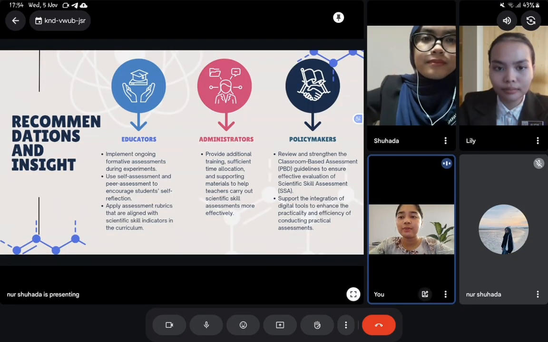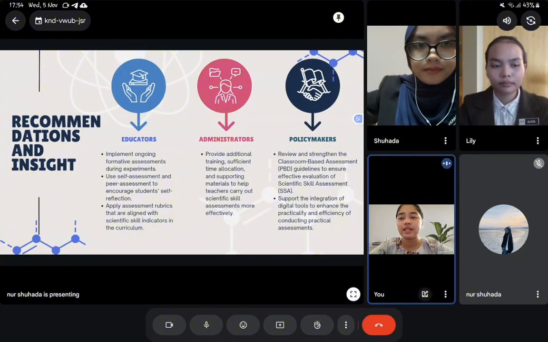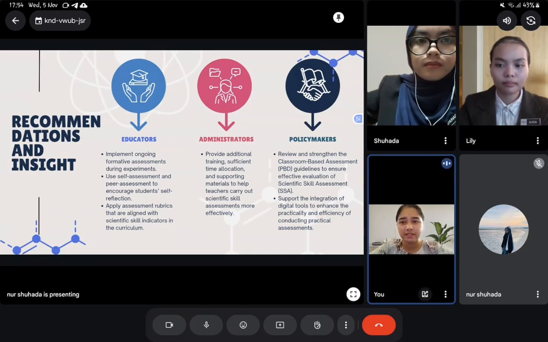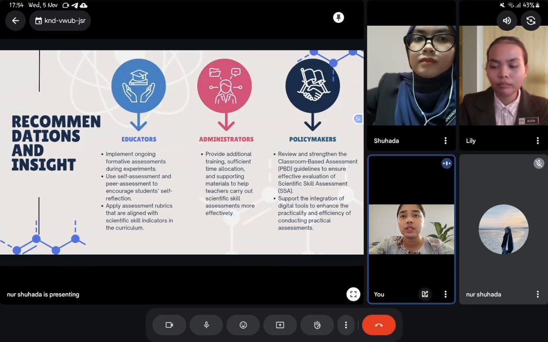For the last point is recommendation and insight. There are three recommendation and insight, which are educators, administrators, and policymakers. For educators, implement ongoing formative assessment during experiment, which means instead of assessing students only at the end of the topic, teachers should observe and evaluate student progress continuously during practical work.